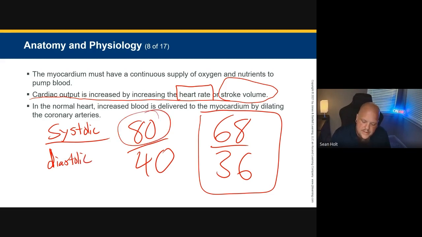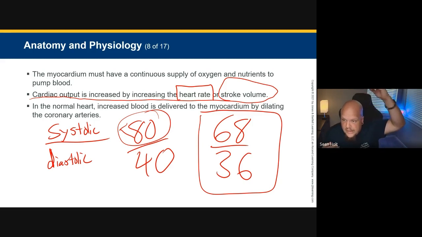Anything less than 80 is not going to produce a radial pulse or a pedal pulse down in our feet, okay? We have to have sufficient stroke volume, meaning each contraction is pumping enough to create a pulse in our wrist or in our feet, right? For our distal pulses, or we don't have enough, right? Blood pressure's low, we don't feel it. Blood pressure's high, we probably don't feel it, right?